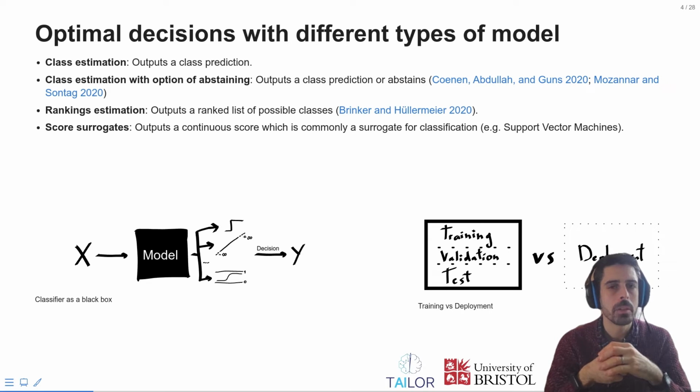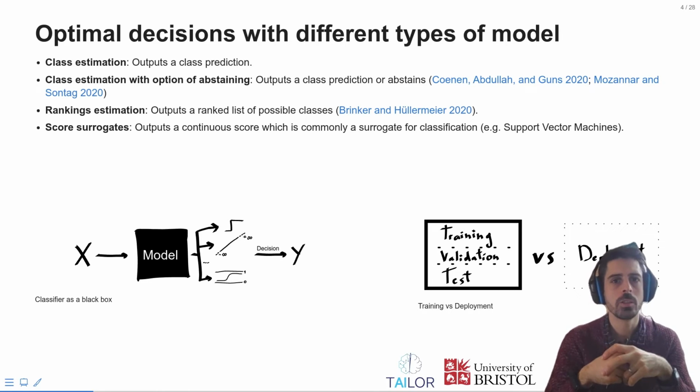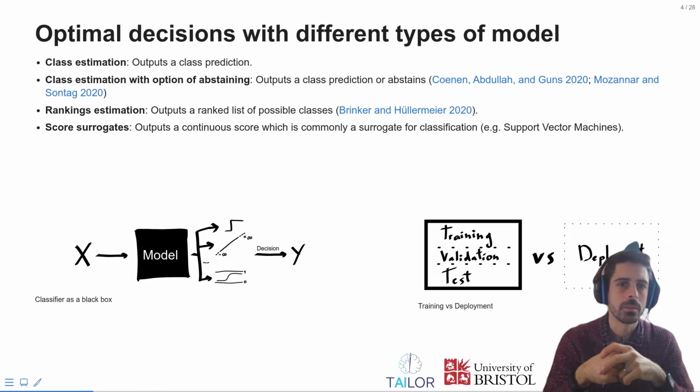Other models are able to output a score value. One of the most common is a support vector machine, which usually provides negative values for the negative class and positive values for the positive class. And they have an infinite support, basically.